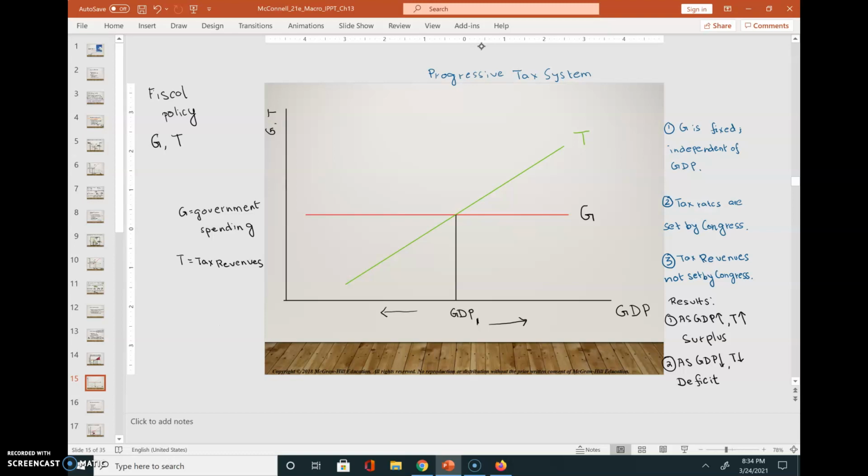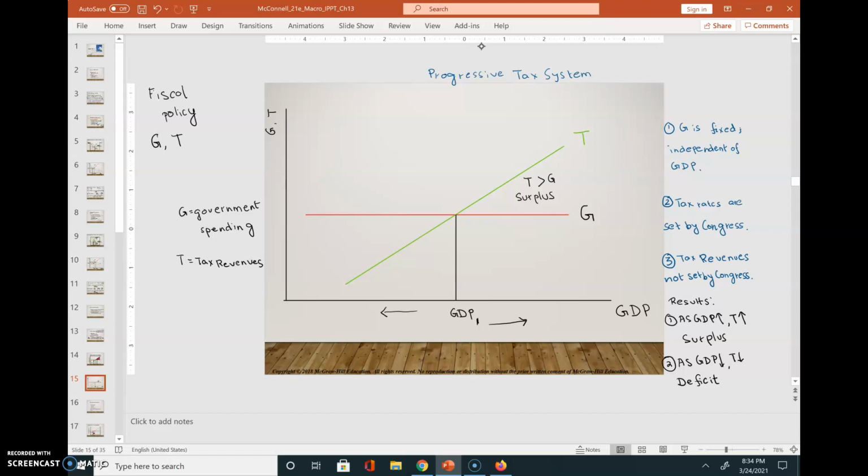So in this part, I have the tax revenues greater than government spending. So there is a budget surplus.